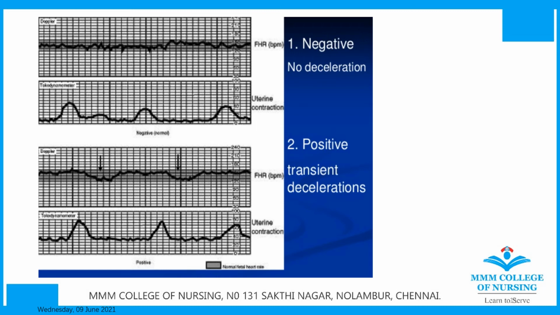In this graph, the first one is negative. There we cannot see any deceleration. But in the second graph, it is positive. Here you can see 2 transient decelerations. So it is positive.